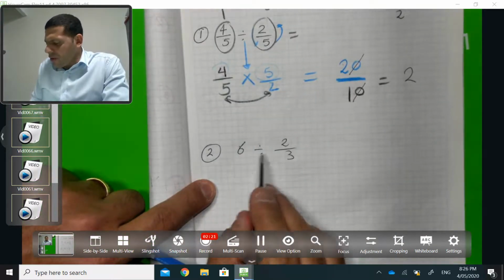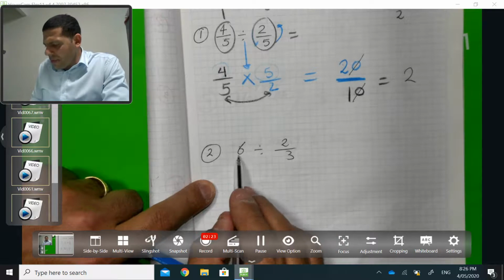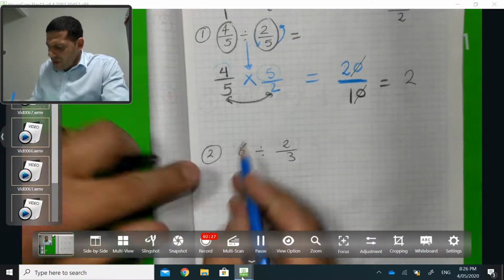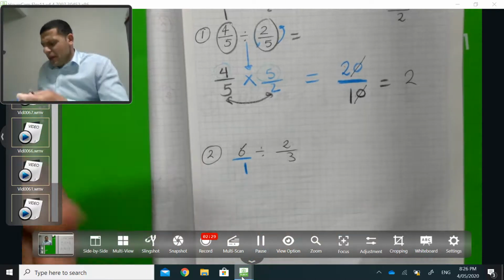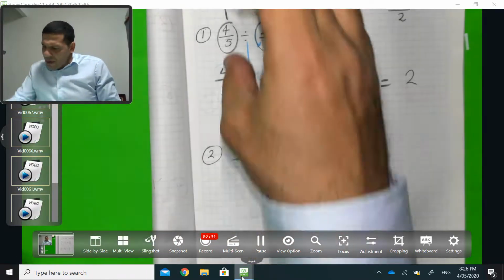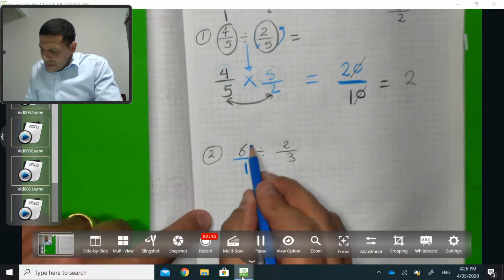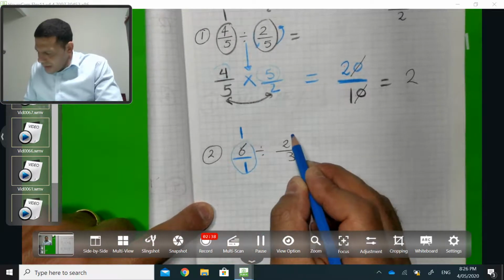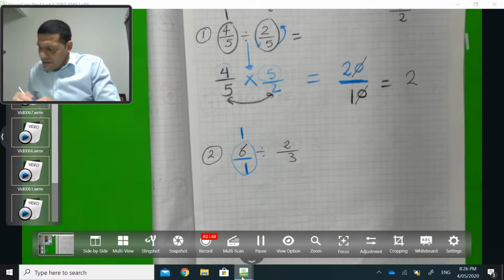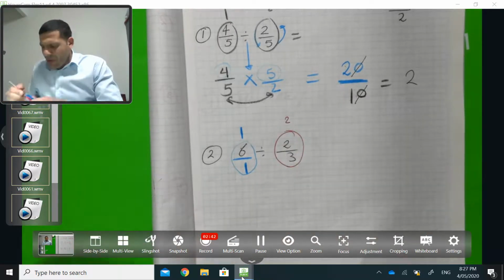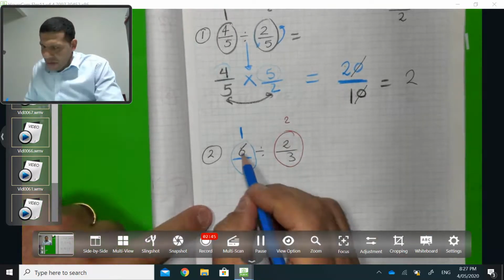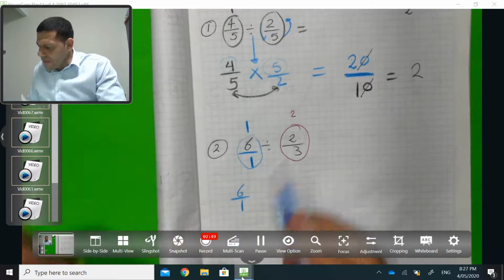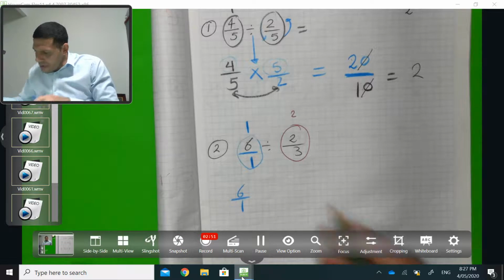Again, when you have a whole number divided by a fraction, the first step, you change the whole number into a fraction. You just put it over 1. And then again the same steps. We have 3 steps. Number 1, keep the first fraction, we name it 1. Second fraction, we name it what, guys? Yes, we name it 2. So you keep the first fraction as it is, 6 over 1. Then you change division into, yes, multiplication.